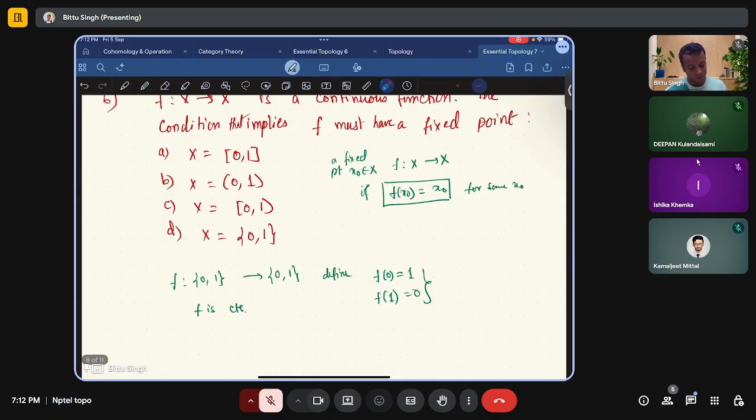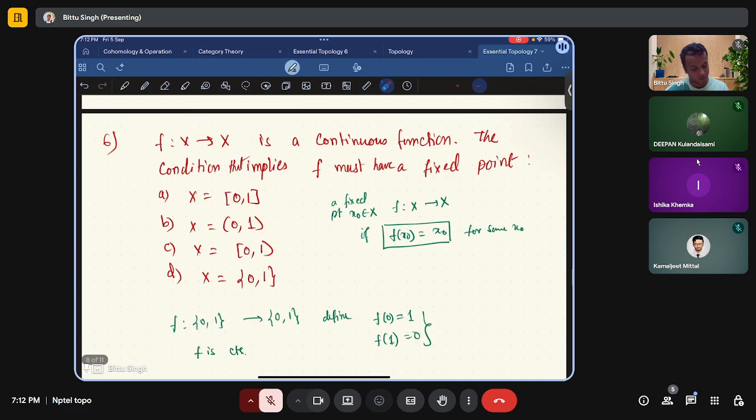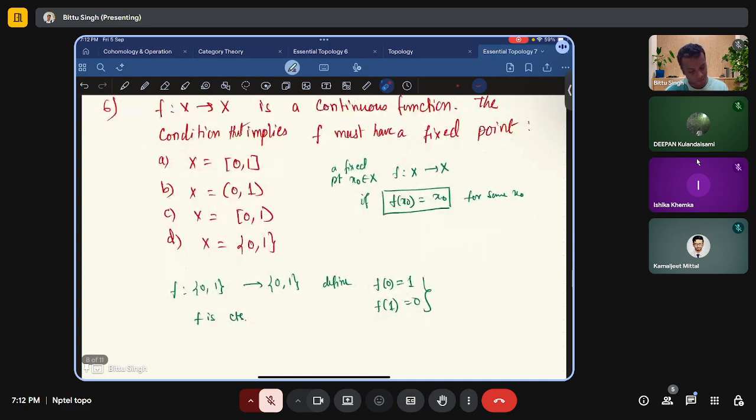So you are correct that D is not correct, because though f is continuous, f may not have a fixed point. Okay, there is no x for which f(x) equals x. Whatever x you choose, here f(x) is not the same as x.